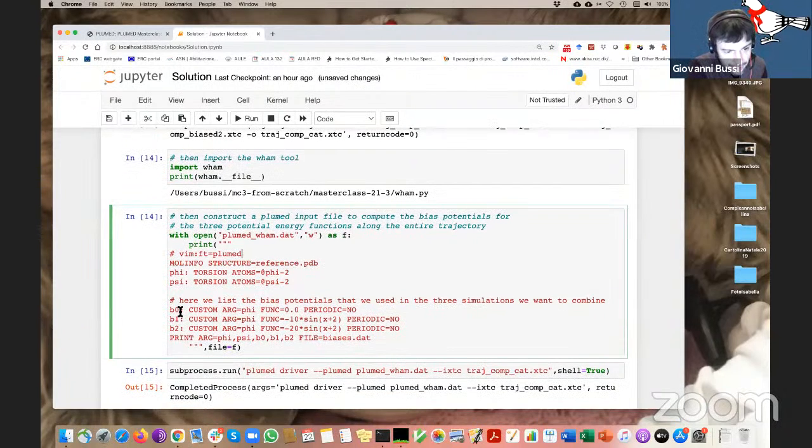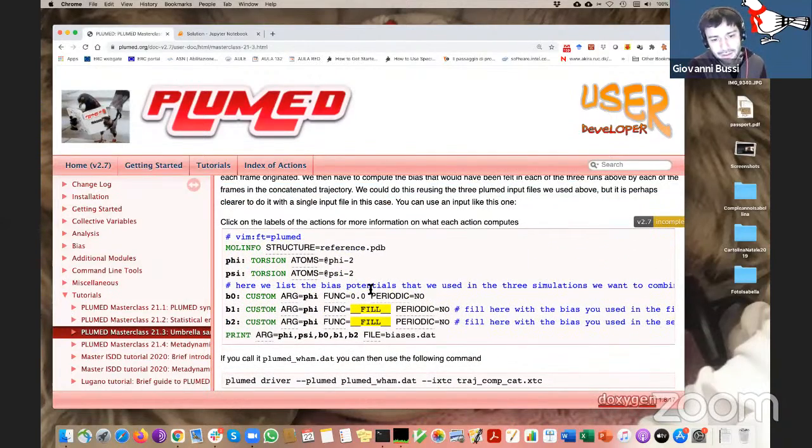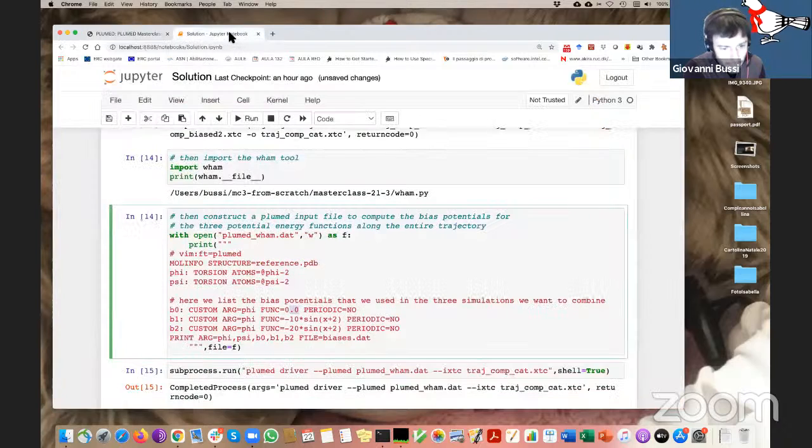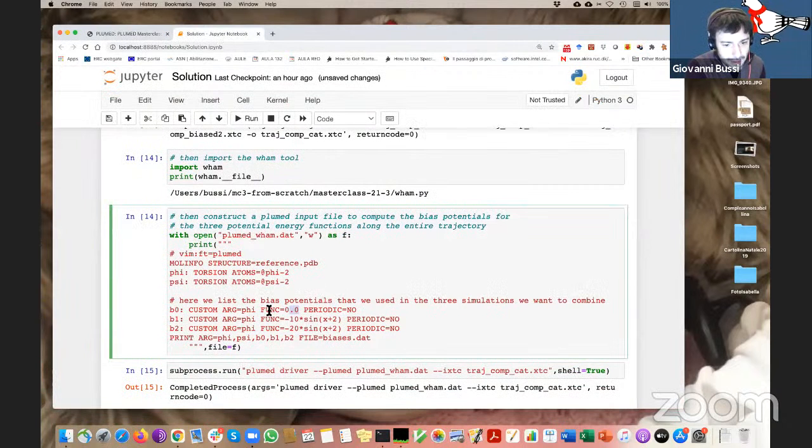And here I just built these 3 functions. It's not so different from this one. The only thing that I had to do here was to fill in the function, which was -10 sine of x plus 2 and -20 sine of x plus 2, and then to write everything in this biases.dat file.